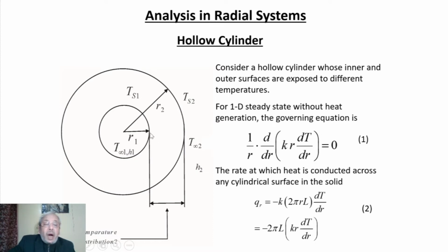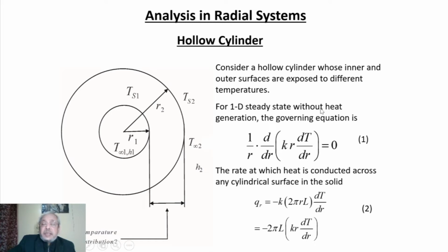At r equal to r1 on the material, the temperature is Ts1, and at r equal to r2, that means on the material surface, the temperature is Ts2, and the local ambience outside this material is such that the temperature is T infinity 2 and the film heat transfer coefficient is h2.